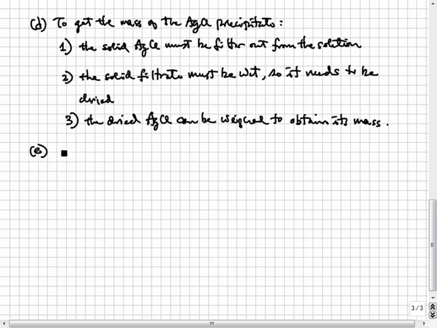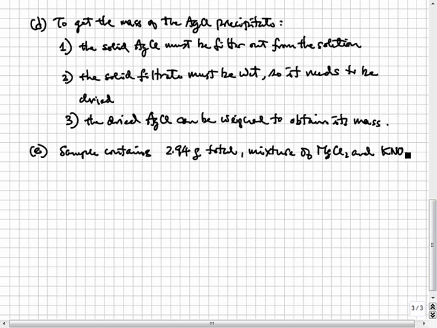E. The problem says that the mixture contains a total of 2.94 grams. When this mixture is dissolved in water, everything dissolves because both MgCl2 and KNO3 are soluble.